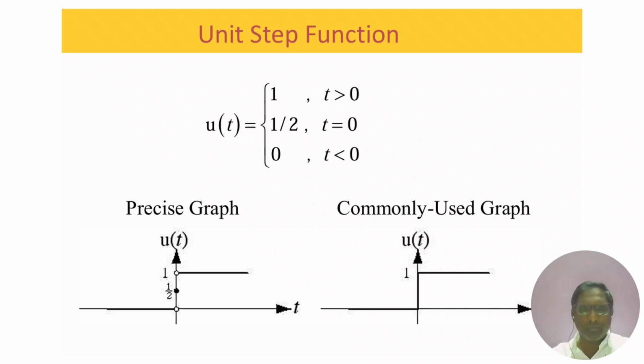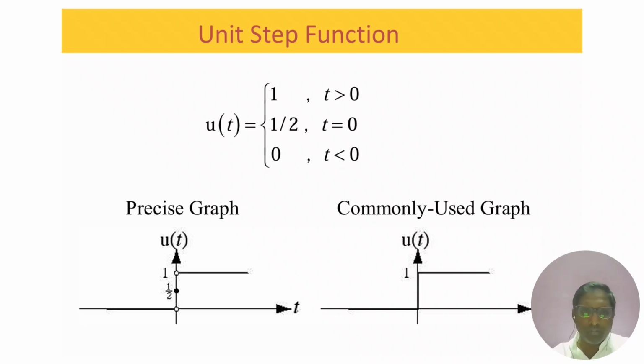That means if t is greater than 0, all values are 1. When t equal to 0, the u of t value is 1 by 2. If t is less than 0, that is a minus value, then the u of t value is 0. Here, u of t is nothing but the unit step function.